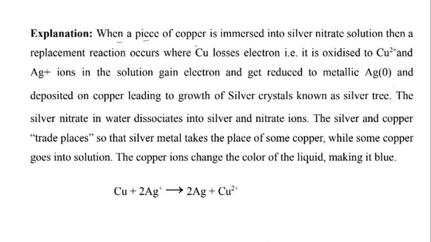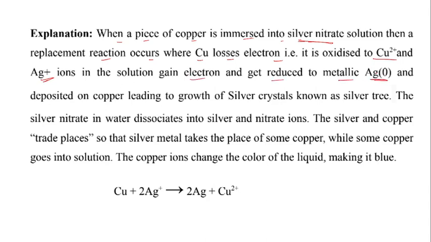When a piece of copper is immersed into silver nitrate, we have already discussed this reaction. So when a copper piece is immersed in silver nitrate solution, a replacement reaction occurs when copper loses electrons. Copper loses electrons, meaning copper is oxidized to Cu plus, and the Ag ion in the solution gains electrons and gets reduced to metallic silver.